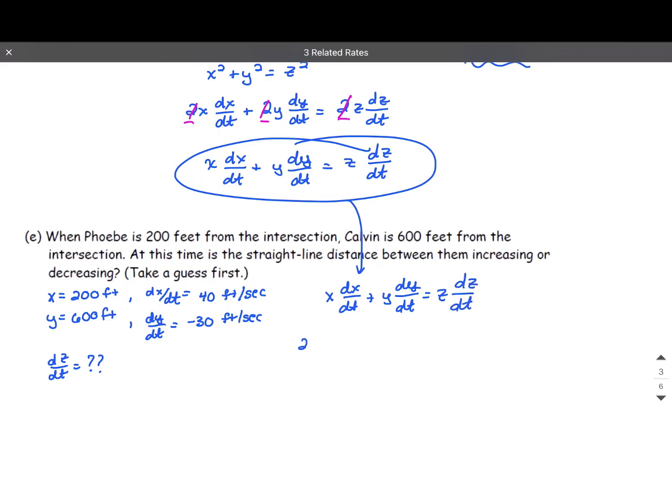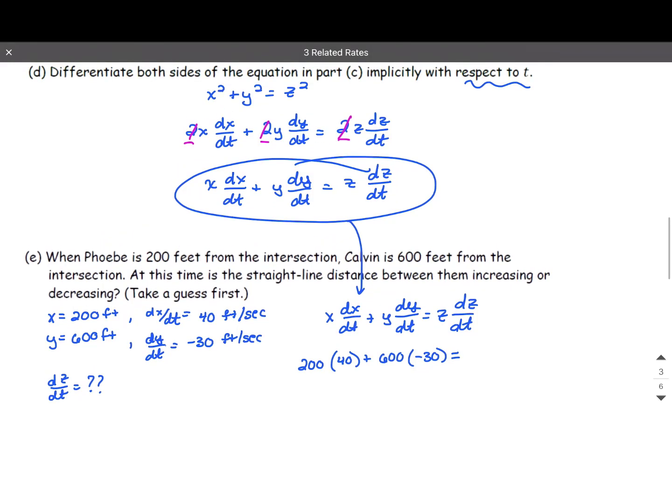Well, x is 200 times dx/dt is 40 plus y is 600 times dy/dt is negative 30 equals, I don't know what z is. However, if you remember, the equation that we had that related these variables was x squared plus y squared equals z squared.